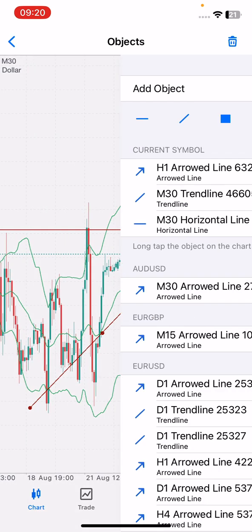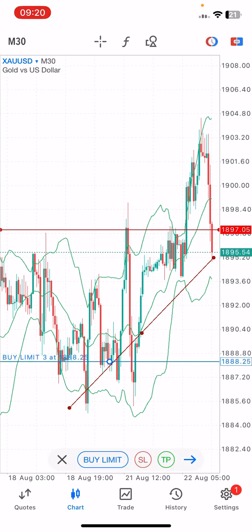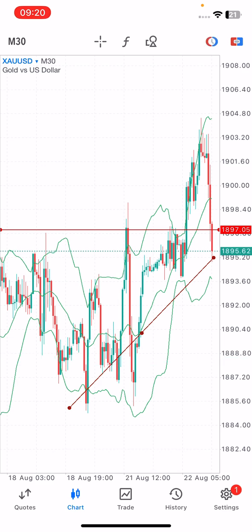The next one is this buy limit, but you don't need that one. This one is one-time trading.